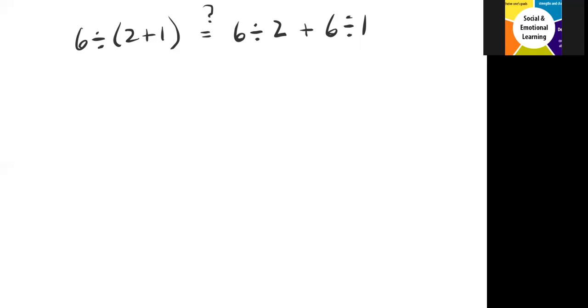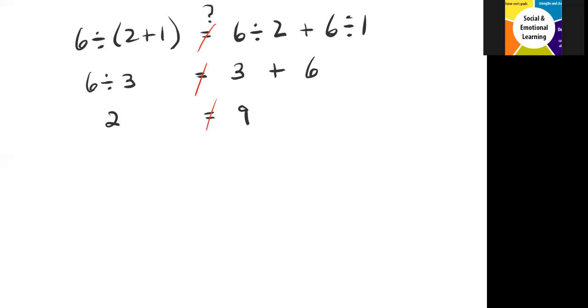It doesn't look like it. It looks different. We're going to get something different here. If we do this first bracket, we're going to get 6 divided by 3, which we know is 2. Over here, we're going to get 6 divided by 2 is 3 plus 6 divided by 1 is 6. So we're going to get 9. So we know that these are not equal to each other.